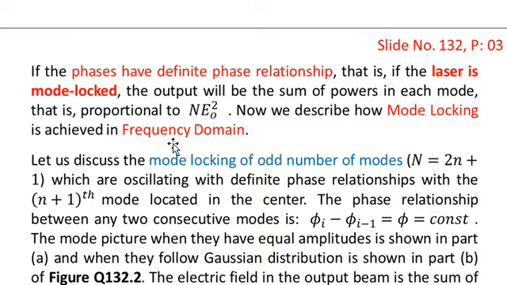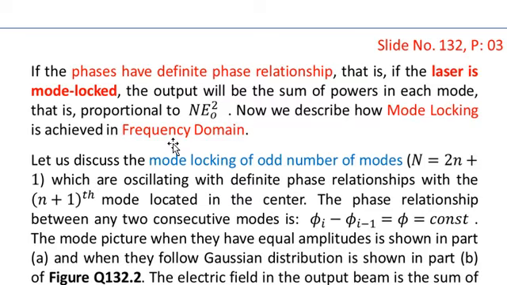If the modes do not have a fixed phase relationship between them, then we add those modes on the basis of intensity. That is, we add the intensity of mode 1, then the intensity of mode 2, then the intensity of mode 3, and all these modes are added on the basis of intensity.